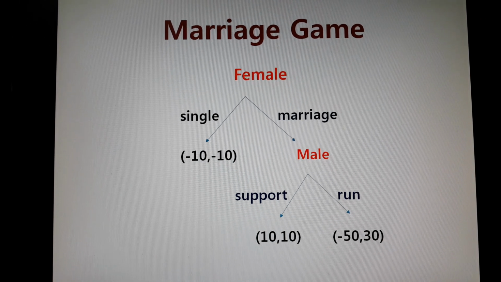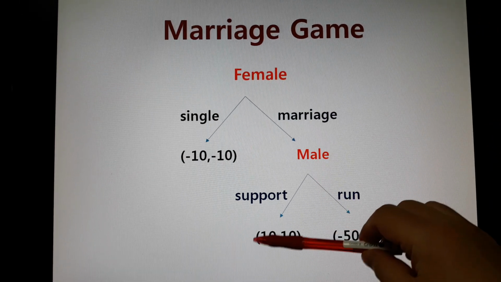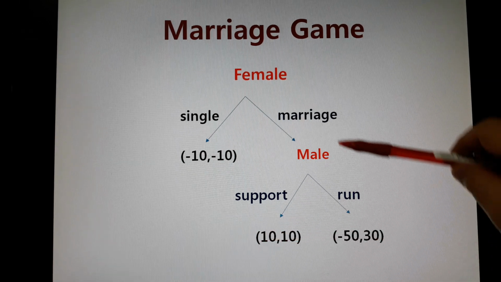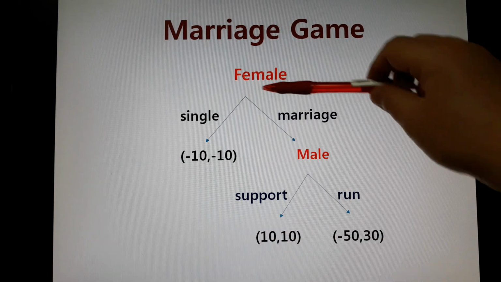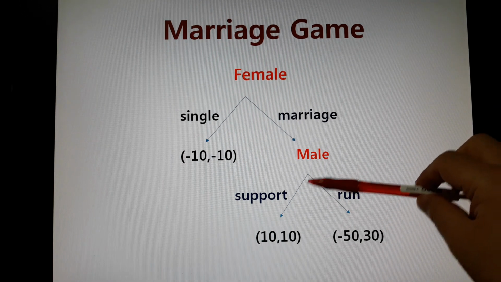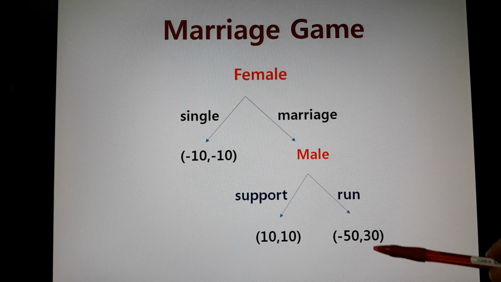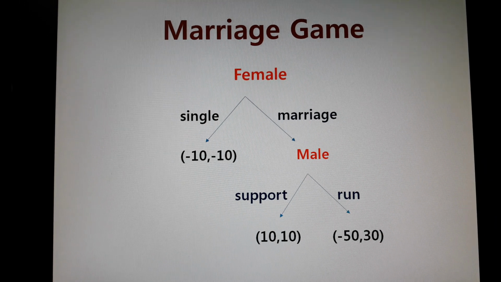The answer, game theory-wise, is that the female shouldn't get married. Why? She may hope, wishful thinking, that she can get 10, but once she gets married, from the male's point of view, if he supports the family, it's 10. If he runs away with another girl, it's 30.